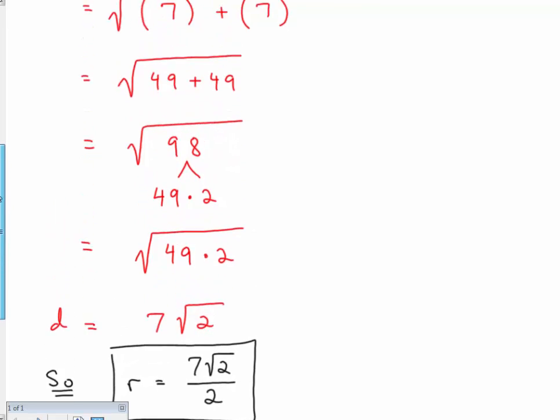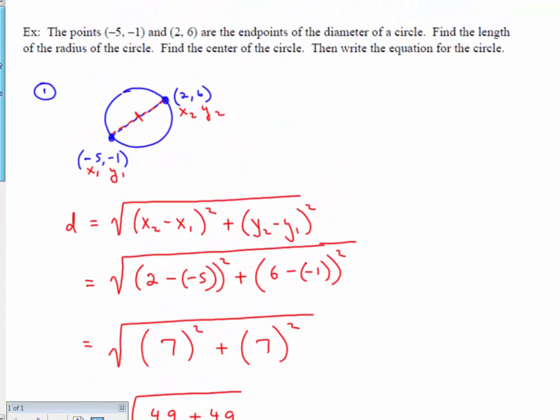Now it asks for the center. So I'm going to scroll back up, and as the second part, I'm going to find the center. To find the center of the circle, you see that we want to find the midpoint between the 2 points given. So we're actually going to use our midpoint formula, which was, you're going to average your x's and you're going to average your y's.